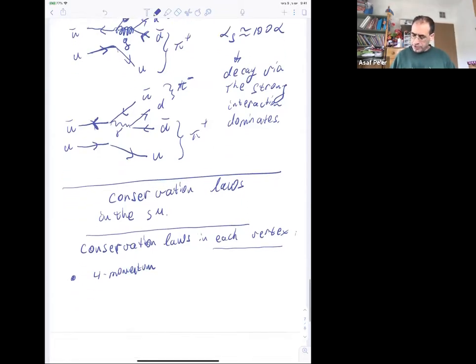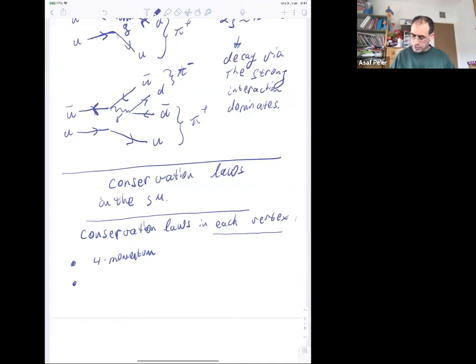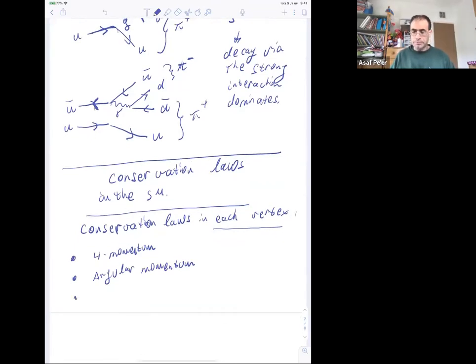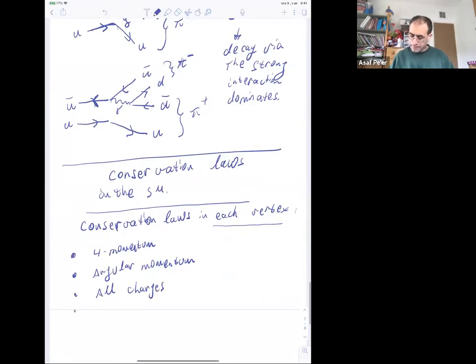I didn't really mention it because we didn't really use it, but also the angular momentum. All charges, electromagnetic charge, but all other charges too. What else? Flavor.